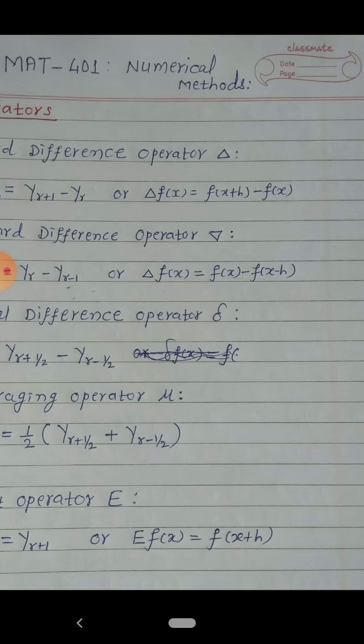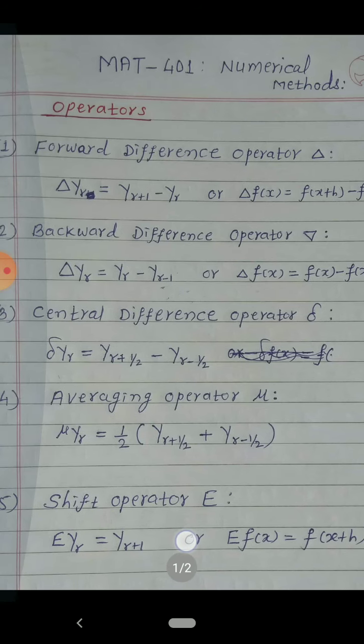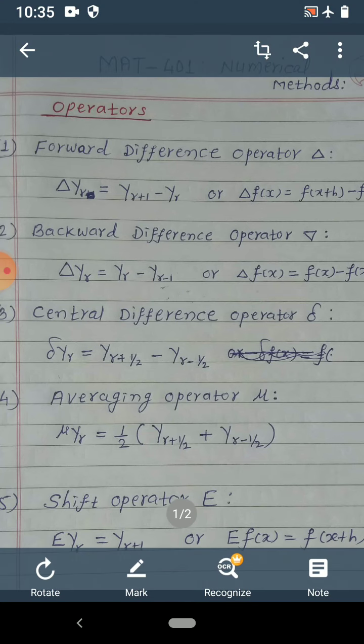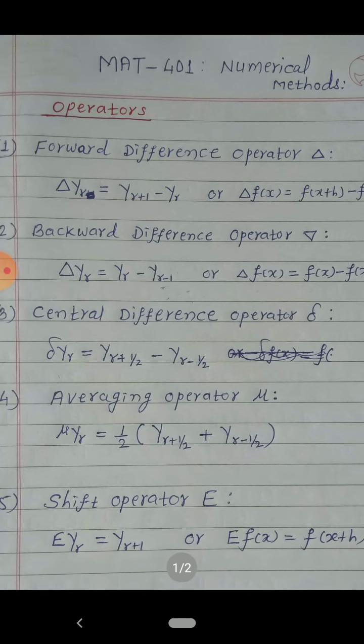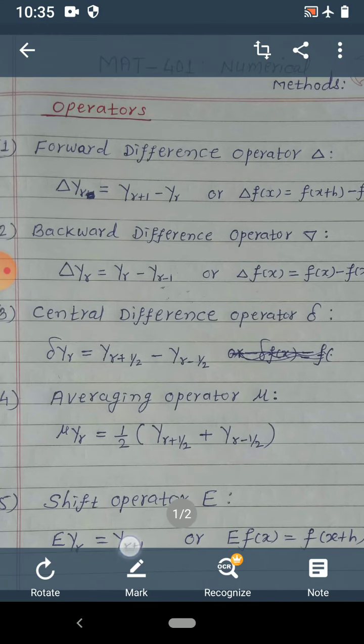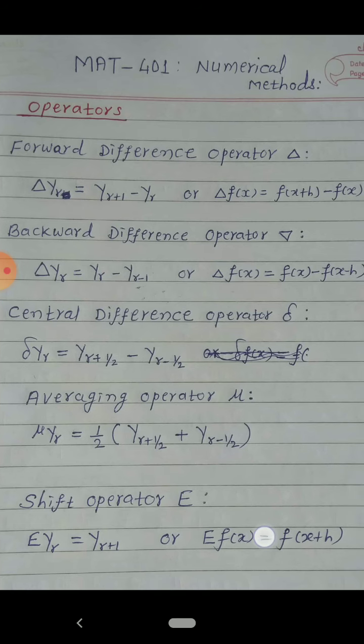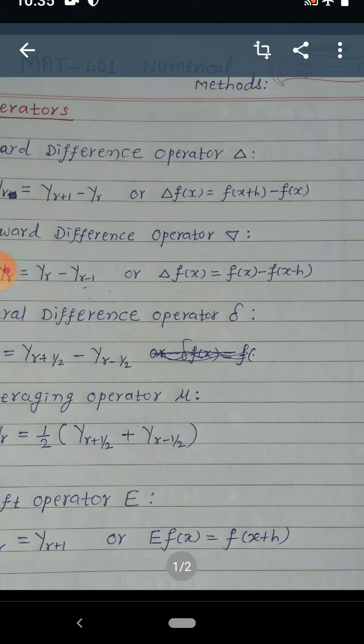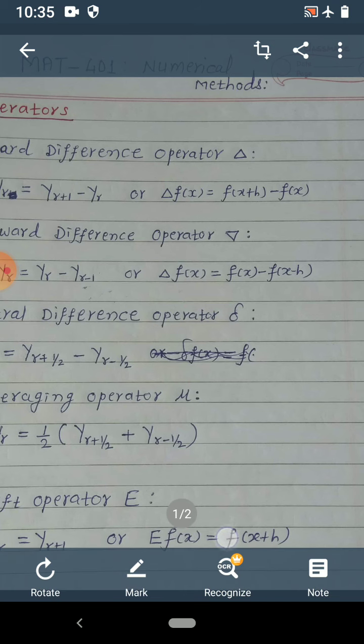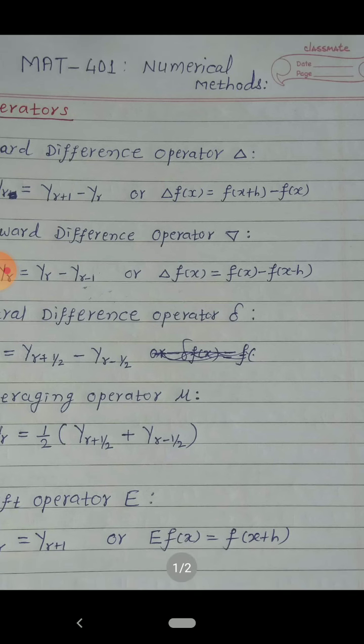Its inverse operator is also defined as E raised to minus 1 yr is equal to yr minus 1. Instead of r plus 1, it is r minus 1. Or in terms of function f of x, E raised to minus 1 f of x is equal to f of x minus h. Instead of x plus h, it is x minus h.